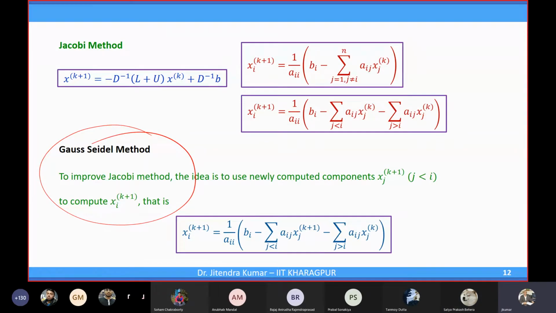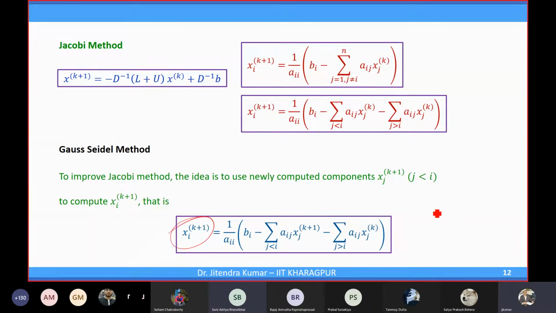Sir, in the Gauss Seidel method, we are assuming that we calculate x1 first, then x2, then x3, till xn. Yes, correct. Suppose we calculated xn and then resubstitute, so in the j greater than i part also we have all the components. Do we go backward?